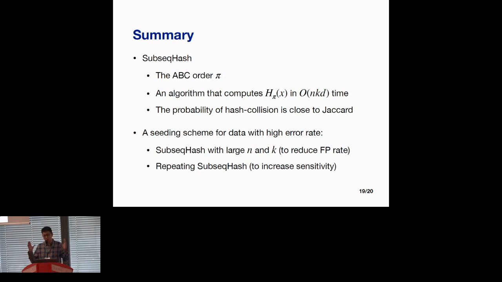Think about it: if two quite long strings of length n are mapped to the same quite long subsequence, then this must be a true pair. To increase sensitivity, we can simply repeat. We believe this approach can achieve both high sensitivity and low false positive rate, which cannot be achieved by kmers, as we argued previously.